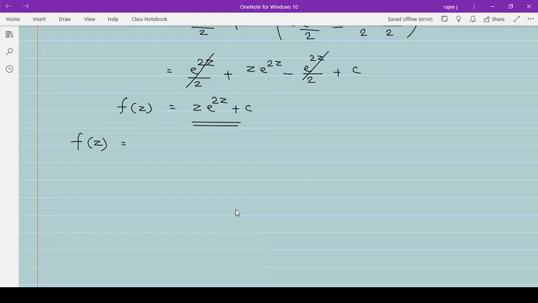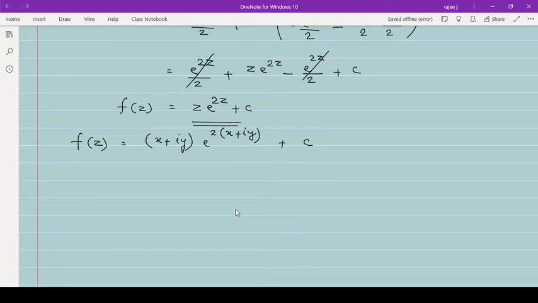Okay, so this z is x plus iy, and here this is equal into e raised to 2z, means e raised to 2 into x plus iy, because we need the value of v in x and y. So we are doing like this. Now this c will be here.